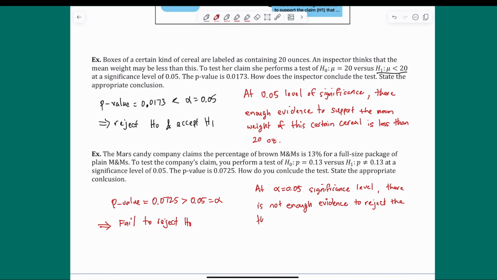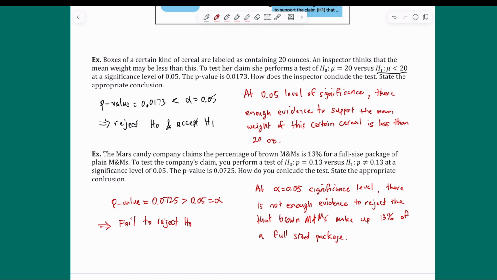To reject that brown M&Ms make up 13% of a full size package of plain M&Ms, but I'll just cut it off there.